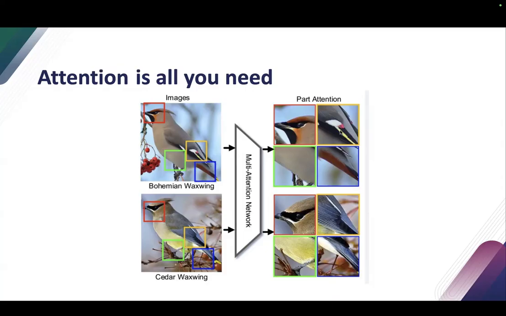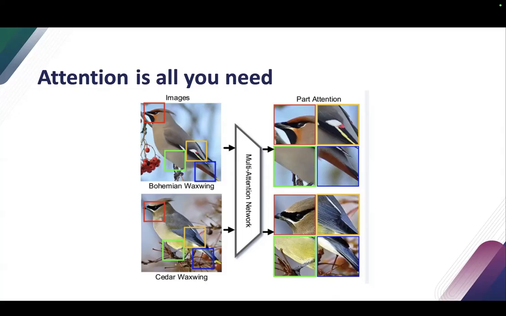You have red, you have yellow, you have black, you have white, whereas for the cedar, it's just black and gray. So it's really this ability of the model to identify which part of the input matters for the task that I need to do.